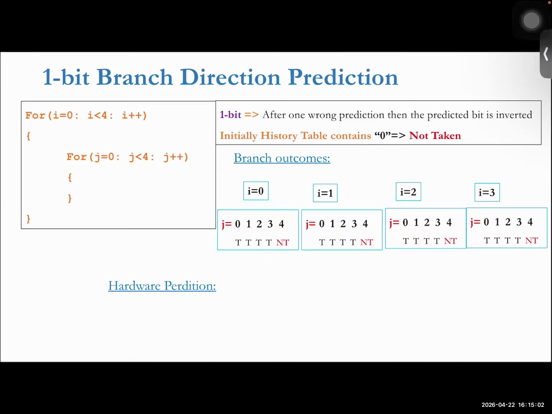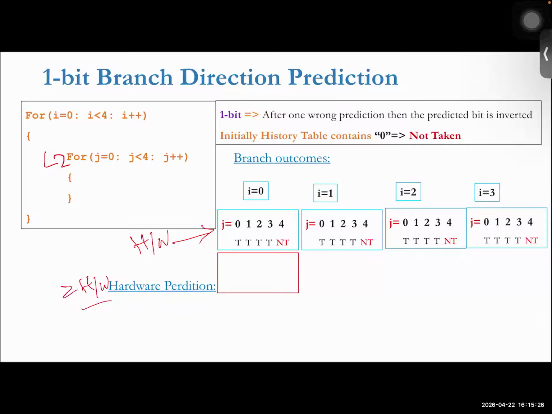Okay. So in this prediction, let us say i equal to 0 comes to this branch L2, the hardware is predicting. This part is executed with one hardware unit, and this one is the second hardware unit which we built.